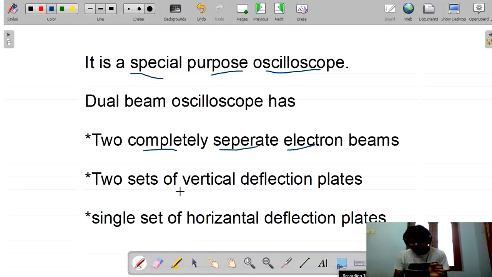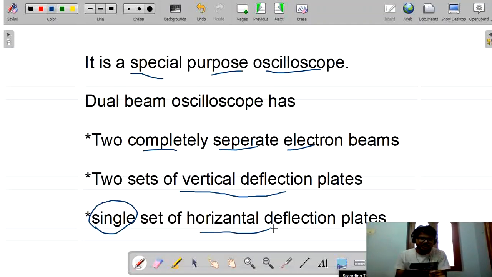The second point: two sets of vertical deflection plates, which is an advantage. The third point: only a single set of horizontal deflection plates, which is the main disadvantage. These three points are essential for the dual beam oscilloscope.